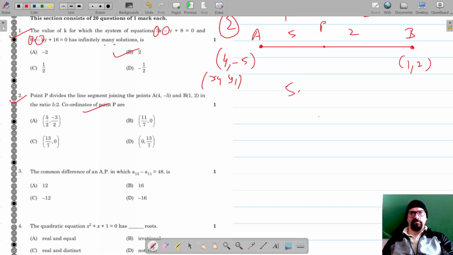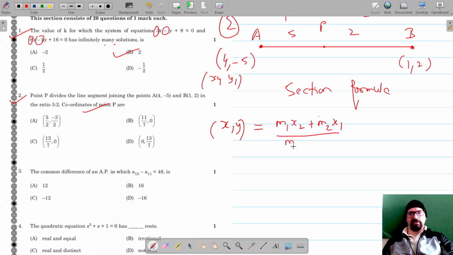So we are going to use here the section formula, and the section formula says that the coordinates of the point P are given by x, y, which is m1 x2 plus m2 x1.